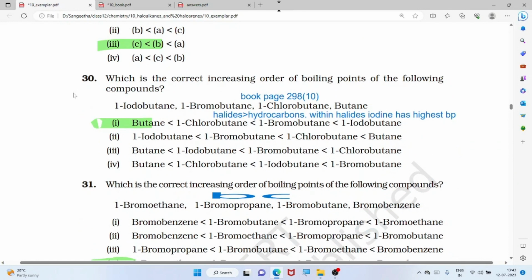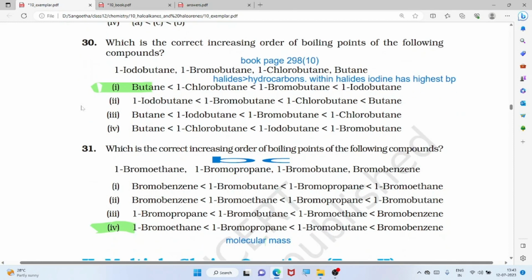Which is the correct increasing order of the boiling points of the following compounds? Halides with hydrocarbons. Within the halides, iodine is the highest. So we have here halides. This is the hydrocarbon without halide. So within the halides, this iodine will have the more boiling point.